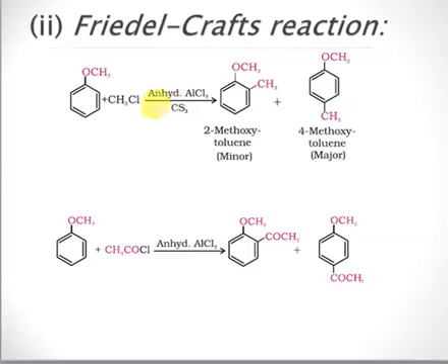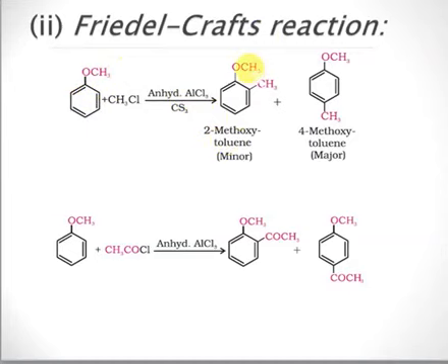Carbon disulfide is a non-polar solvent, so in this reaction either we use ether or we may use carbon disulfide as a solvent. Under these conditions, since methoxy is ortho para directing, we get the methyl at the ortho position and at the para position. Again the para product is the major one, and the ortho product is formed as the minor product.